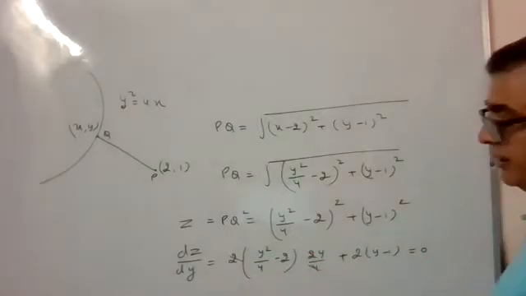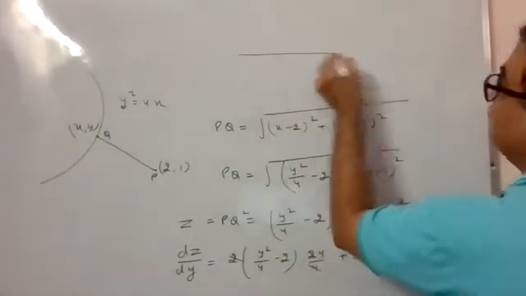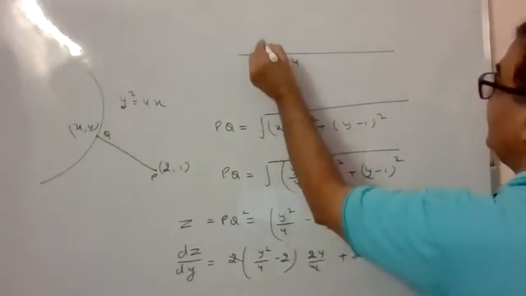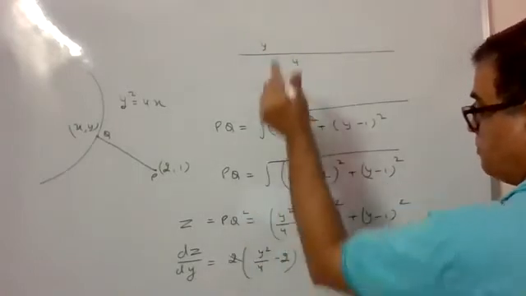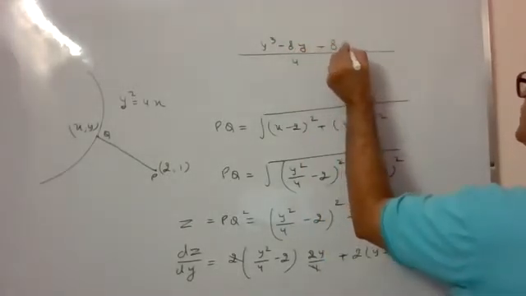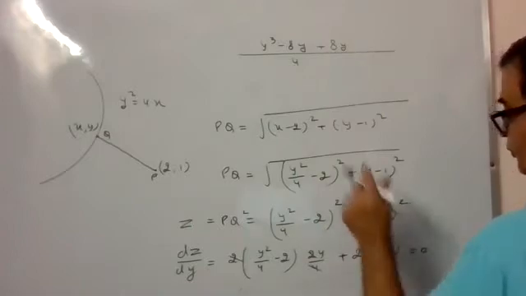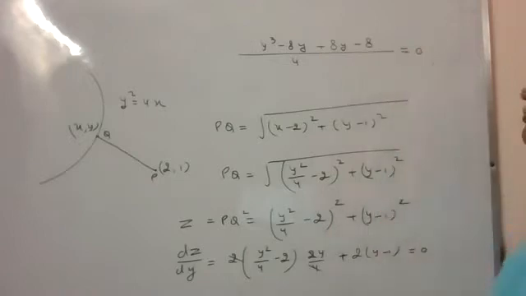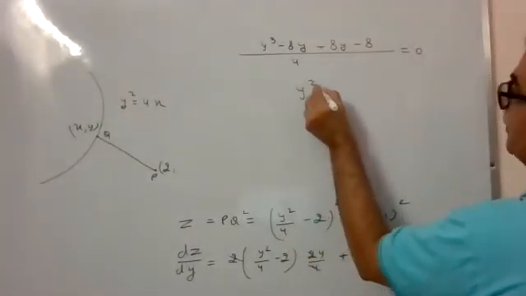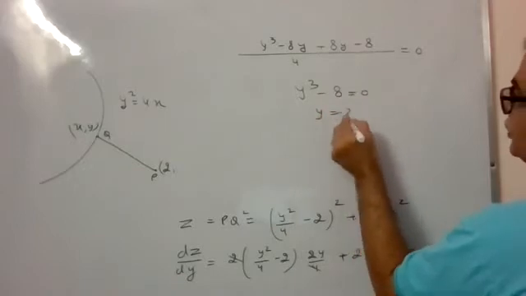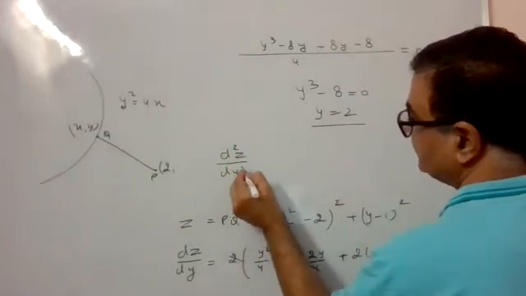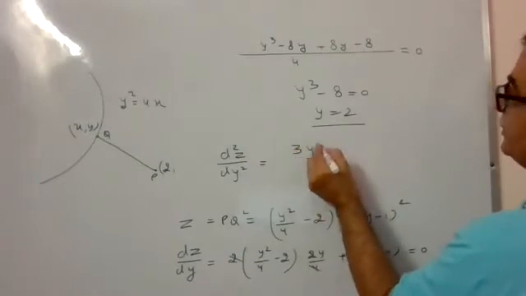The 2 and 4 cancel out. Taking the LCM as 4, it comes y cube minus 8y plus 8y minus 8, which equals 0. So y cube minus 8 is 0, and y is 2. Then for the second derivative, d2z by dy square, the derivative comes to 3y square.